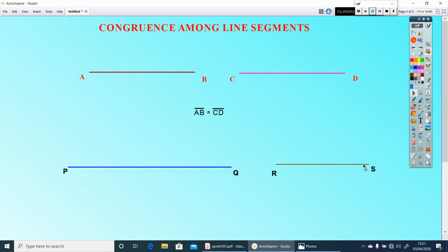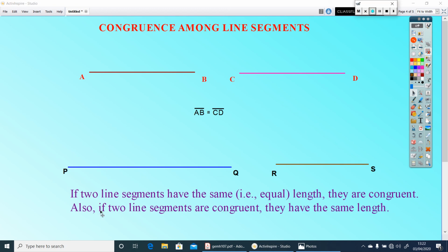Here the lengths are different, so they are not congruent. So we can say if two line segments have the same length, that means equal length, they are congruent. Also we can say that if two line segments are congruent, they have the same length.